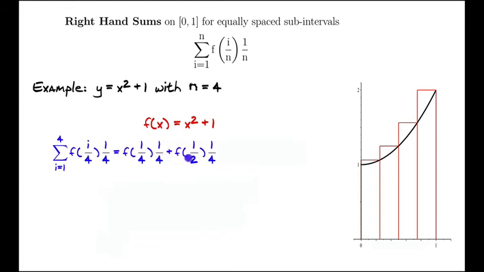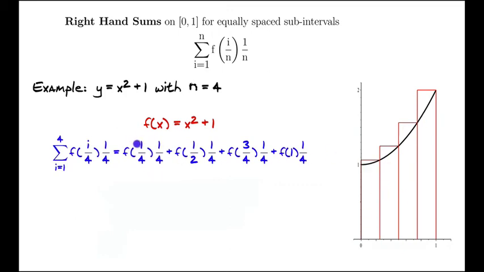When i equals 2, we get f of 2 over 4, which is the same as f of 1/2 times 1 over 4. When i equals 3, we get f of 3 over 4 times 1 over 4. And when i is 4, we get f of 4 over 4, which is the same as f of 1 times 1 over 4. And this sum is exactly the sum of the areas of these boxes.